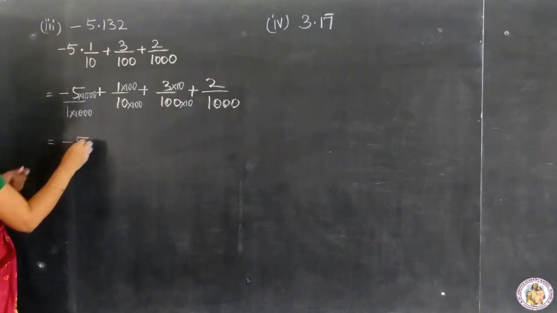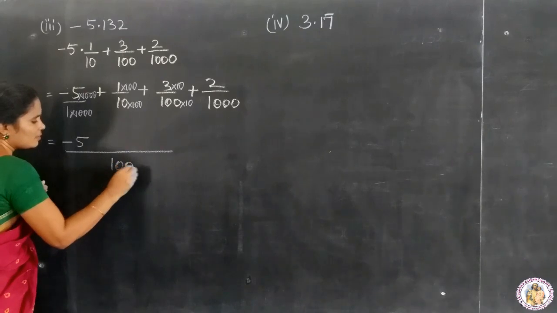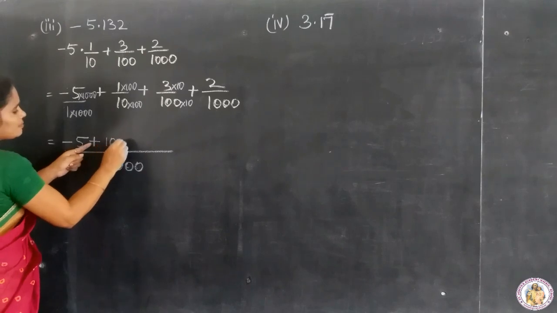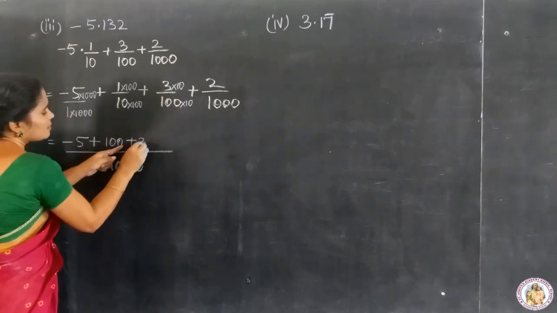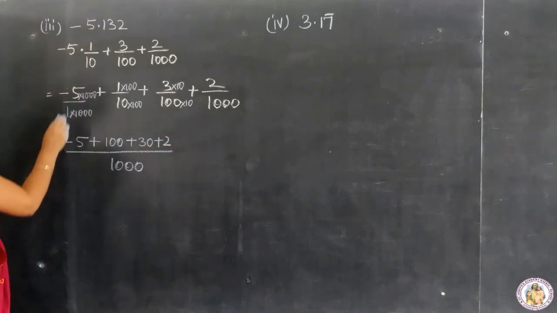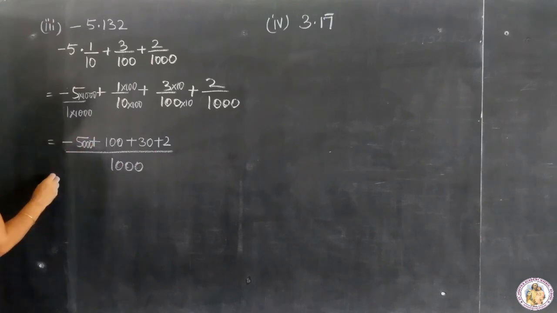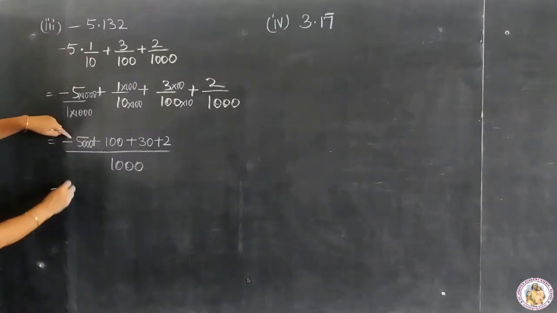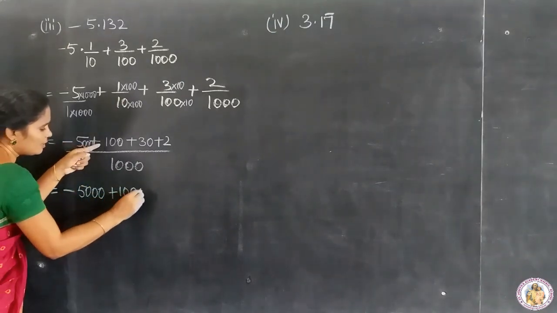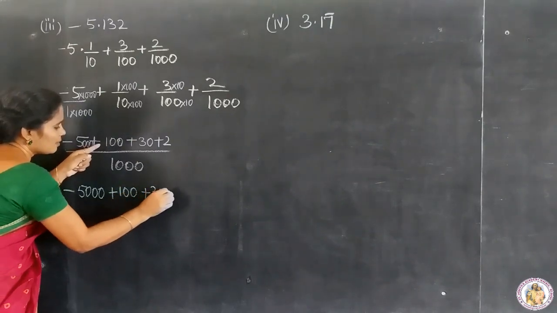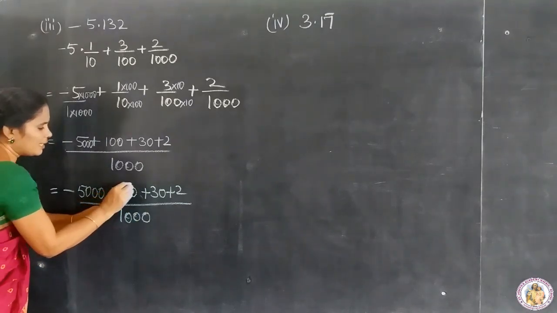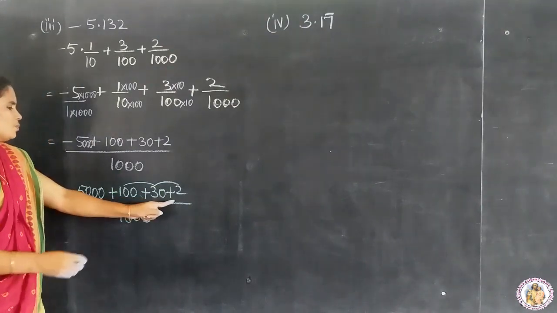So minus 5 by 1000 is common: minus 5 into 1000, it is 5000, plus 100 plus 30 plus 2, divided by 1000. So 100 plus 30 plus 2.